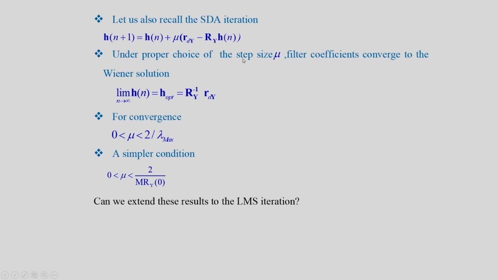Under proper choice of step size mu, the filter coefficients converge to the Wiener solution, that is, as n tends to infinity, the limit of h(n) is equal to h optimum, and that is given by Ry inverse into the cross correlation vector. The condition for convergence is that mu lies between 0 and 2 by lambda max, and a simpler condition was that mu lies between 0 and 2 by m into Ry(0), where m is the length of the filter.